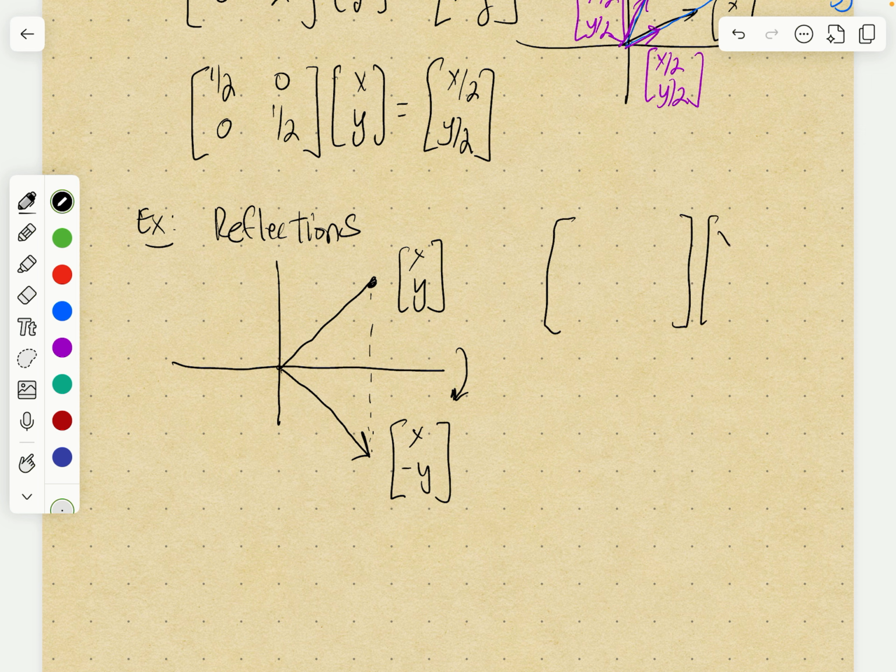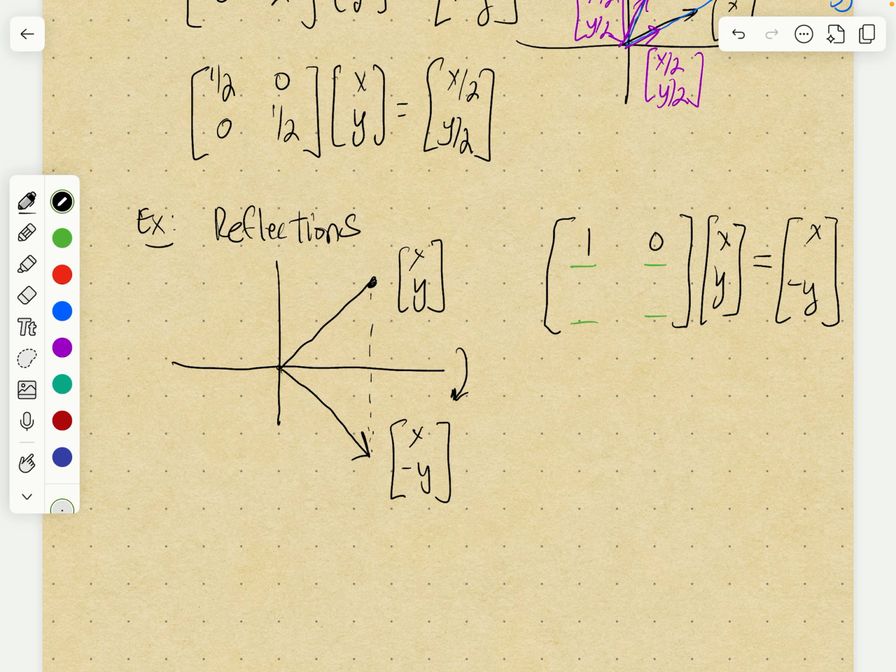Well, one way to think about that is you have some matrix, you're trying to figure out what these numbers are, and when you multiply it by (x, y), you have to get (x, negative y). From that, you can see that the first row is going to be 1, 0.